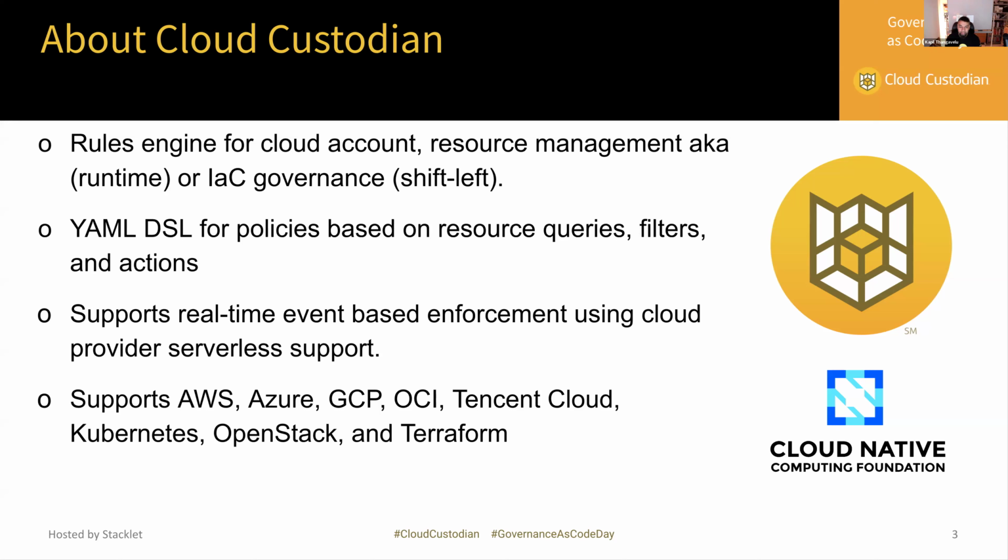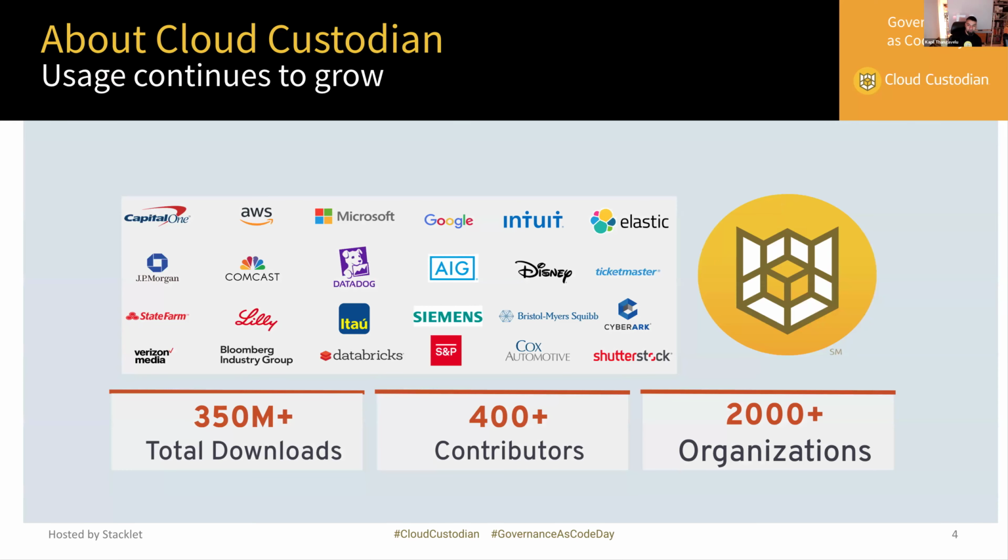We can apply it against infrastructure as code assets to apply policies before they're deployed. And we support a wide variety of clouds: AWS, Azure, GCP. Two recent new entries on this list are Oracle Cloud and Tencent Cloud, as well as Kubernetes, OpenStack, and Terraform.